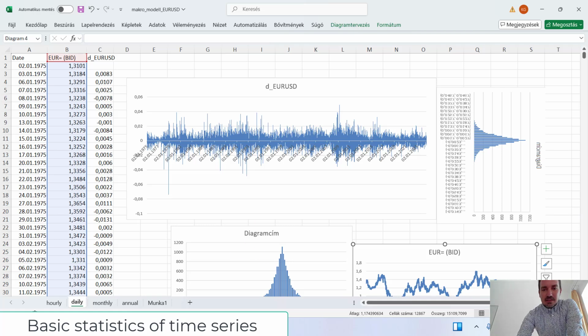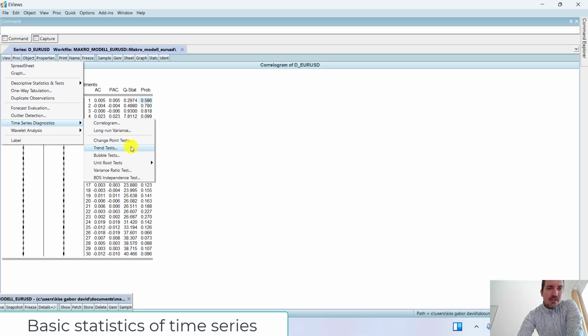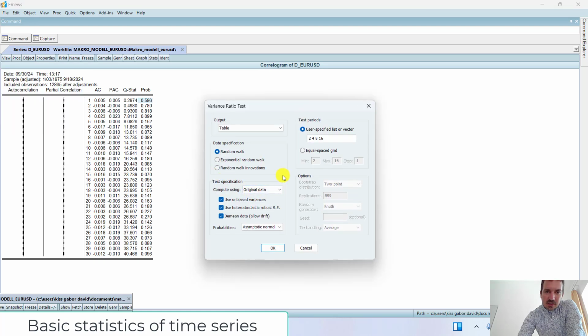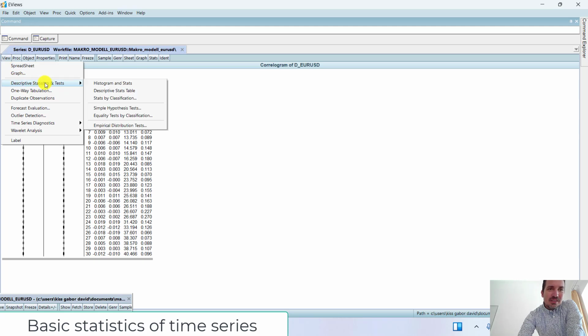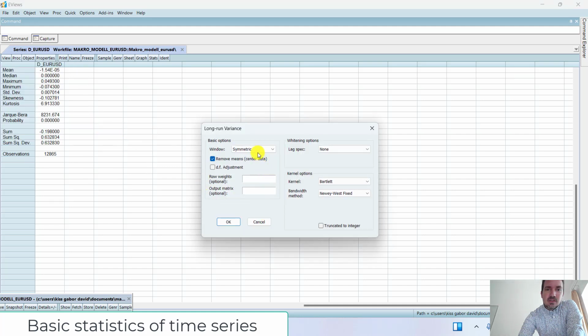In this case, let's see if we have any variance ratio tests. Oh, they excluded several tests from the software, because this one is missing. Long run variance.